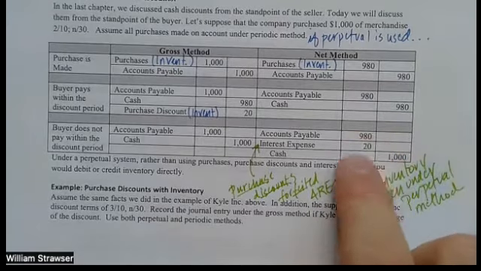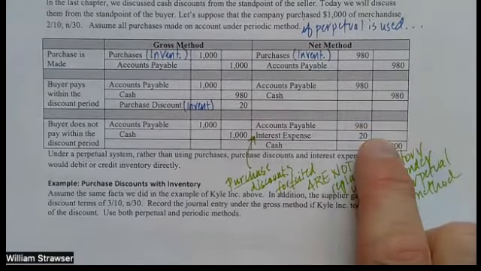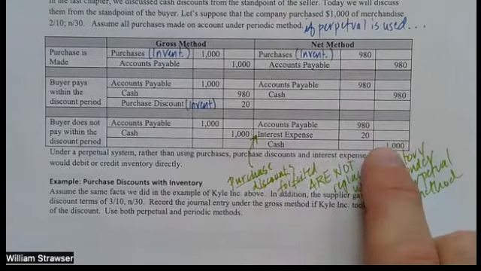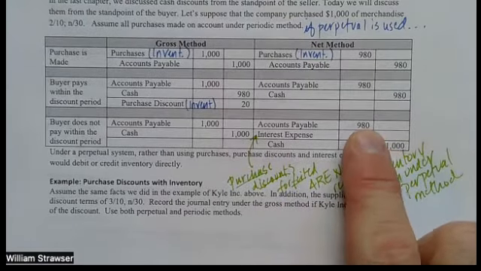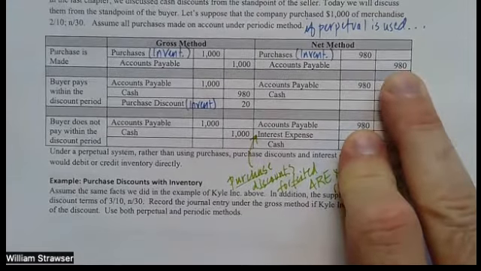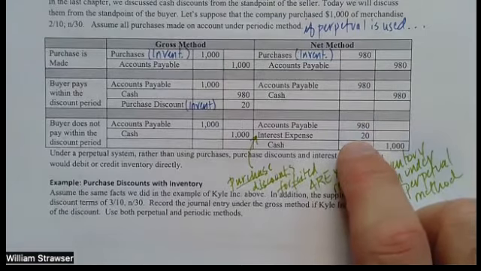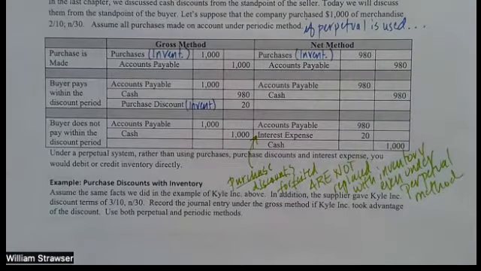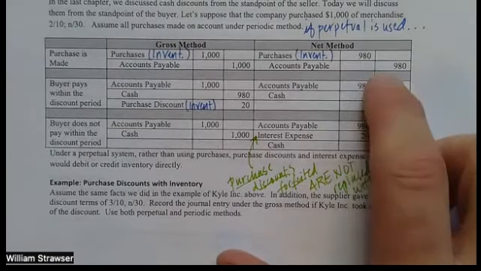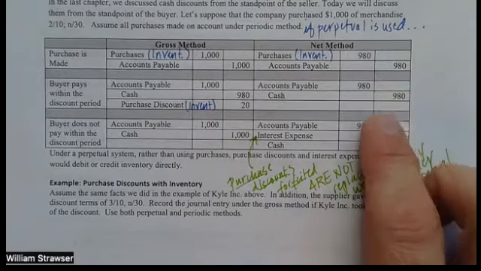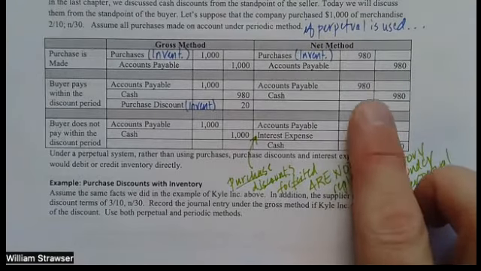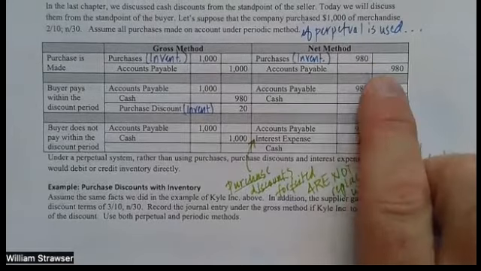Over here, when we violate that assumption, we don't take the discount. Well, we got to pay the full price, $1,000. The payable was only recorded at 980 up here, so I can only debit it for 980. I make up for that missing amount by debiting purchase discounts lost or debiting interest expense. The idea of debiting interest expense is essentially, I bought this inventory with a promise to pay. I didn't pay within the promised time for the amount that I thought I was going to get with the discount.